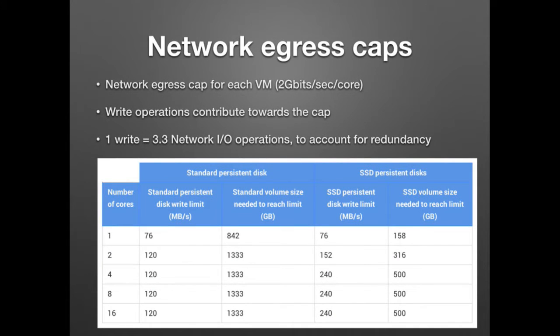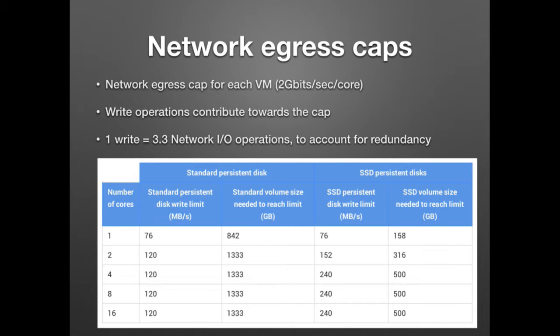Google also caps the network egress on your virtual machines. So basically 2 gigabits per second per core. So the number of cores is going to cap that. And so your write operations to persistent disk are going to be combined with your network I/O and contribute towards that cap. When you do these calculations, because of the redundancy, you have to take each write operation as 3.3 network I/Os.